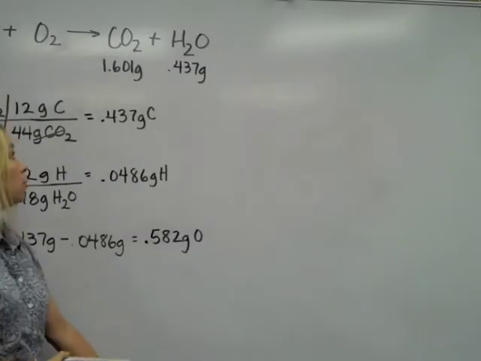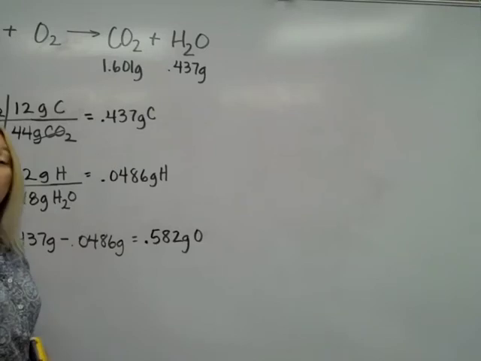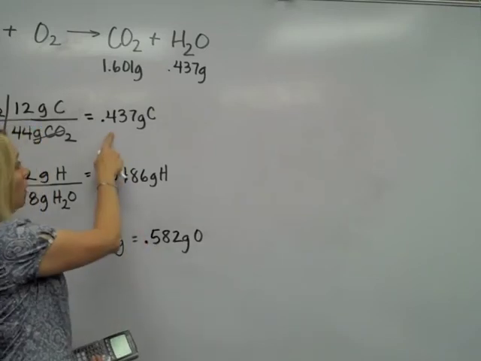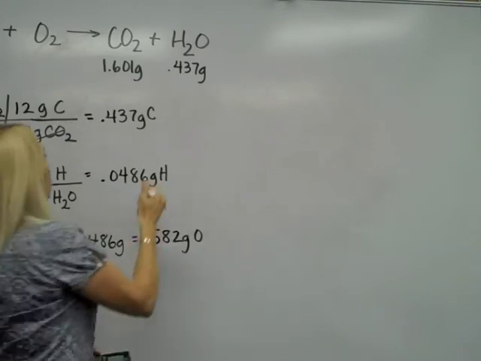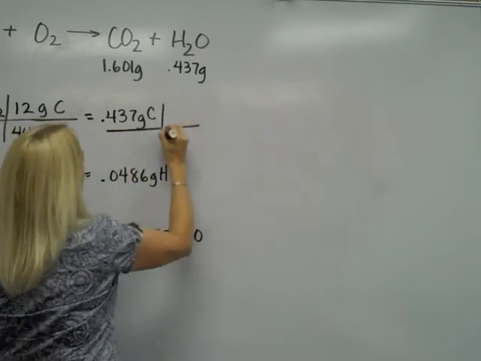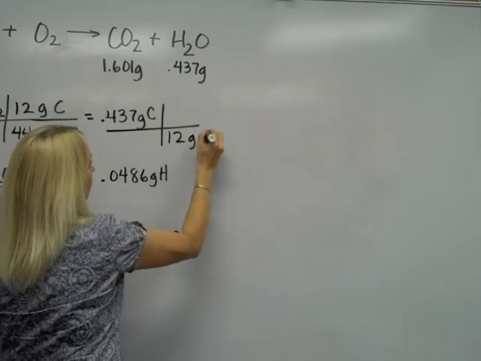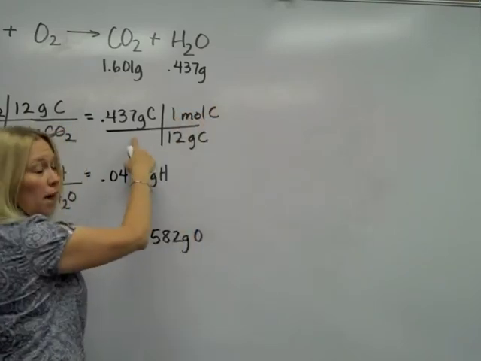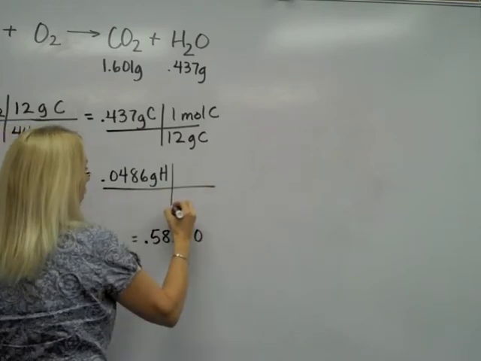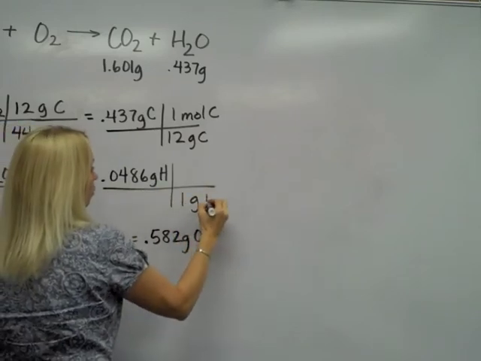Okay, let's find the empirical formula of this. Like any empirical formula problem, we're going to take the grams of each substance, turn it to moles. Using the molar mass of carbon. Hydrogen's, of course, super easy.